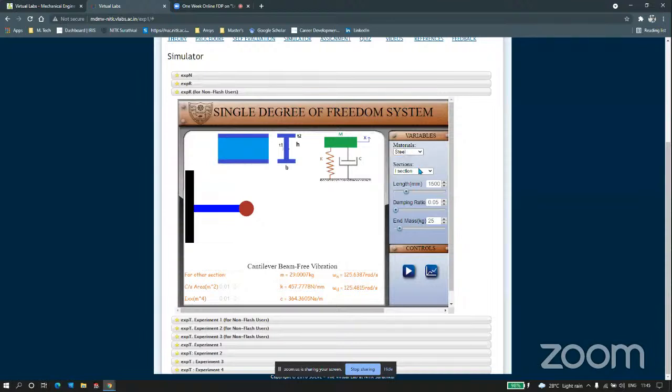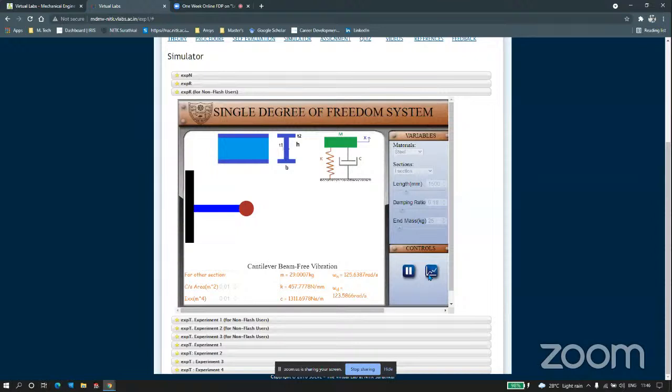In section, you have I section, T section, C channels, L section, square section, circular, etc. You can vary the length as required, and then the damping ratio and the end mass. When I run the simulation, since the damping ratio is 0, the system will not come to rest. Once I vary the damping ratio, the system will come to rest in some time.